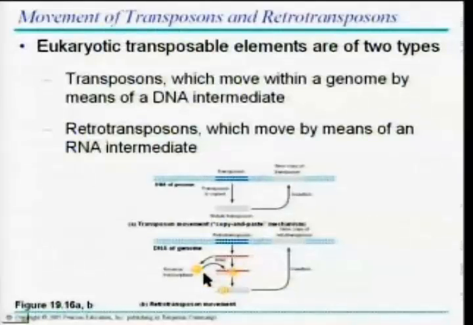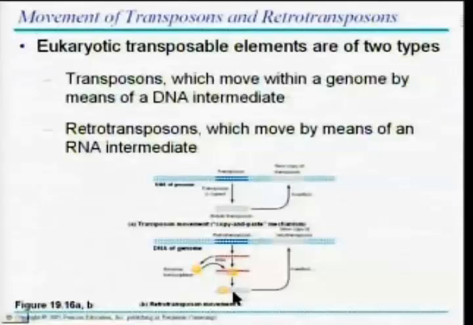Down below here we're considering retrotransposon movement, and we see the DNA of the genome, the retrotransposon, RNA made from that, and a reverse transcriptase that acts upon it and makes it double-stranded.